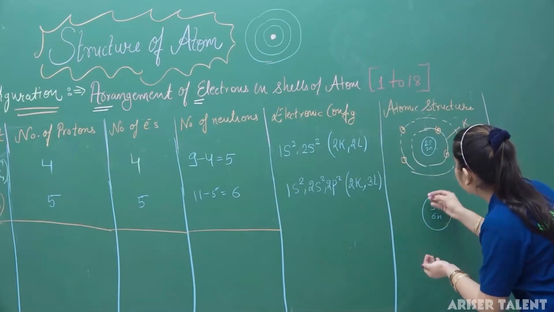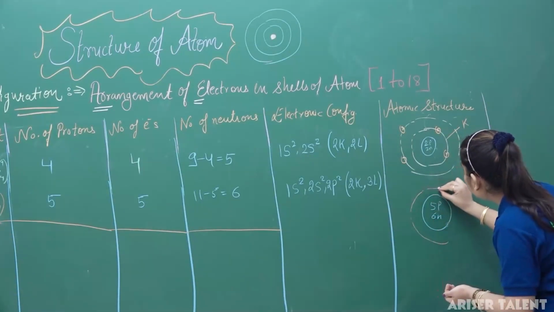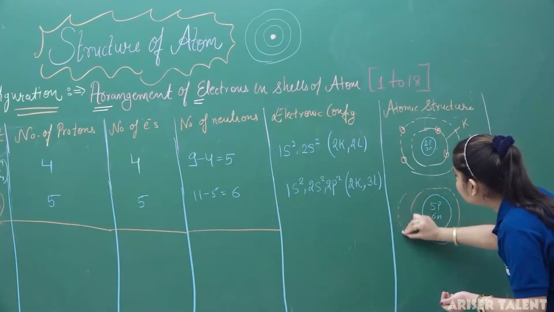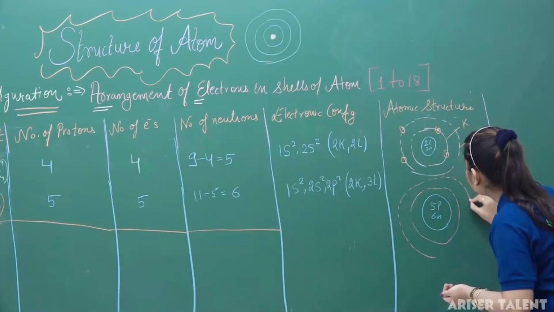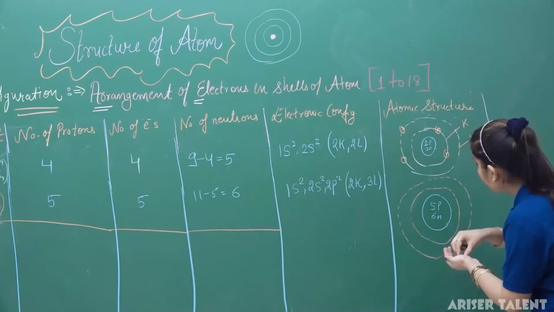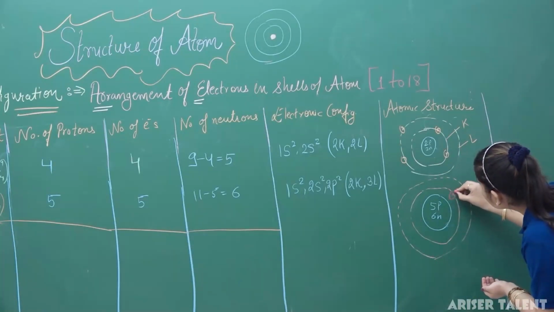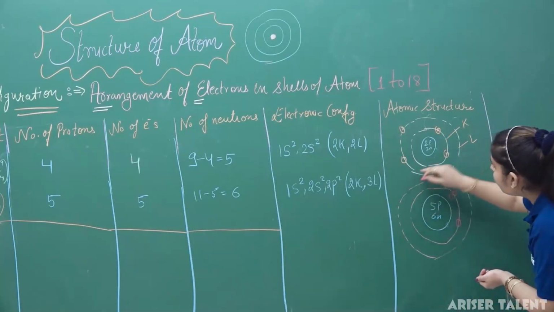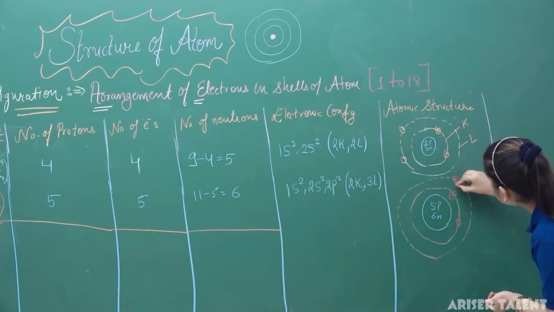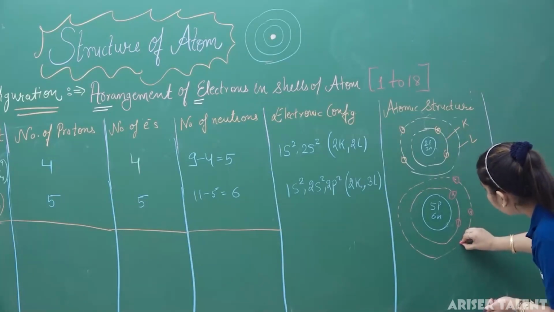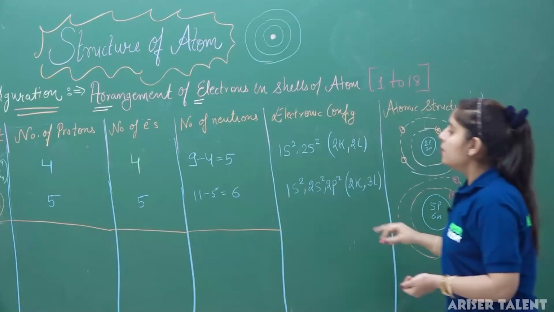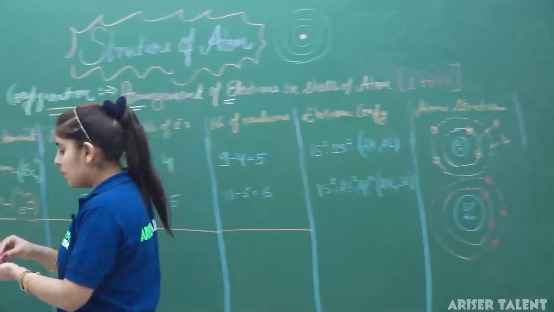We can draw it as, this is our K shell and this is our L shell. Firstly, we have 2 electrons in the K shell and 3 electrons in the L shell. So, that is about boron.